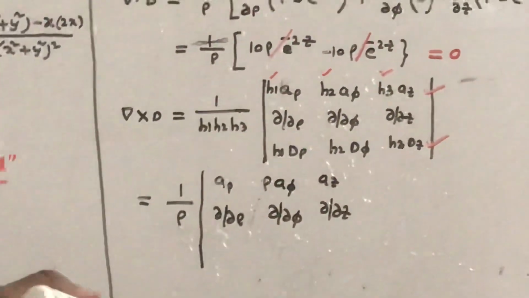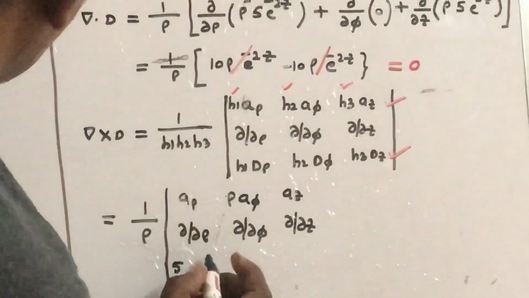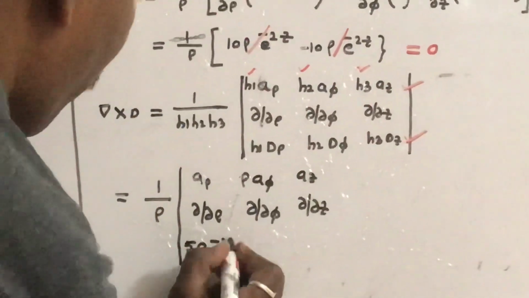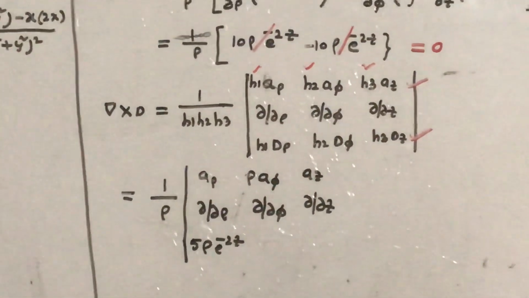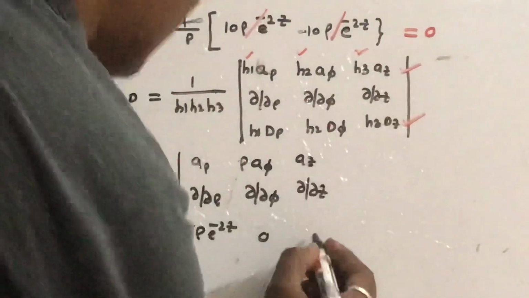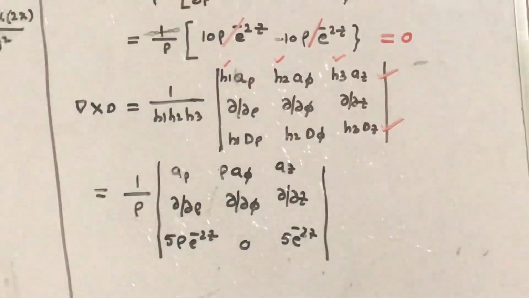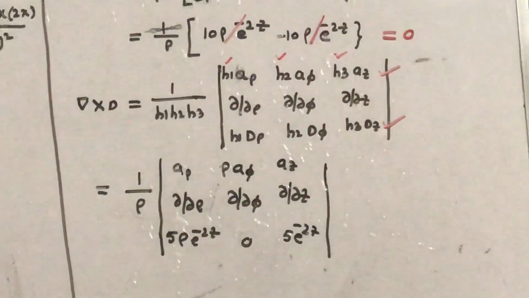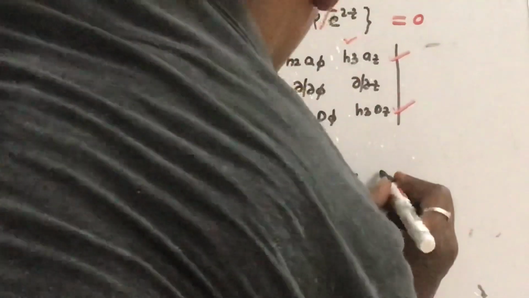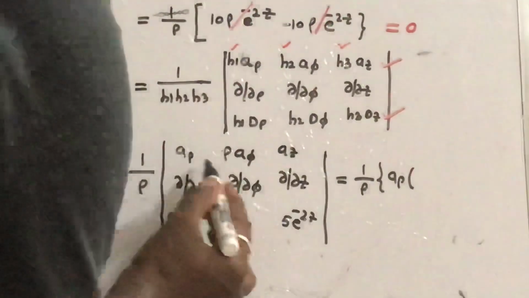h1 is 1. What is D rho? D rho is 5 rho into e power minus 2z. The D phi term is 0. h3 into Dz. What is Dz? 5 into e power minus 2z. So this is what you have to write. Let us find out the answer. 1 by rho into a rho of dou by dou phi of this term is 0, dou by dou z of this term is 0.